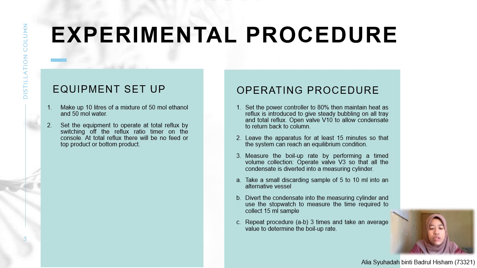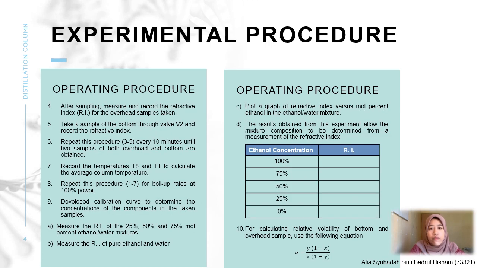Take a small discarding sample of 5 to 10 ml into an alternative vessel. Divert the condensate into the measuring cylinder and use the stopwatch to measure the time required to collect a 15 ml sample. Repeat procedure A until B 3 times and take an average value to determine the boil-up rate. After sampling, measure and record the refractive index (RI) for the overhead samples taken.